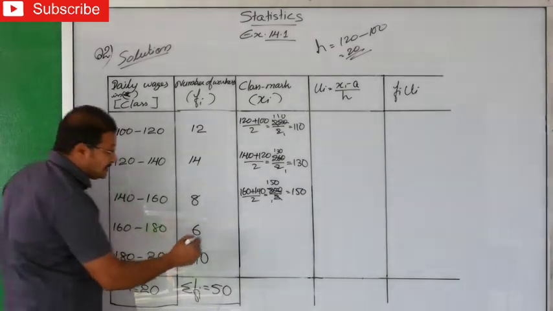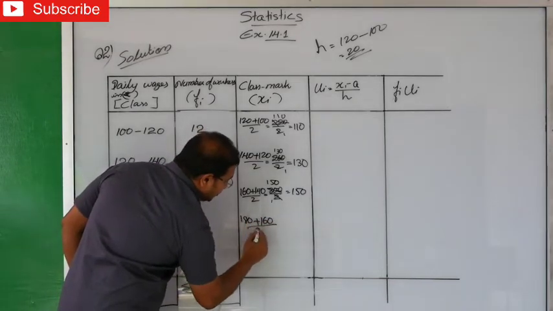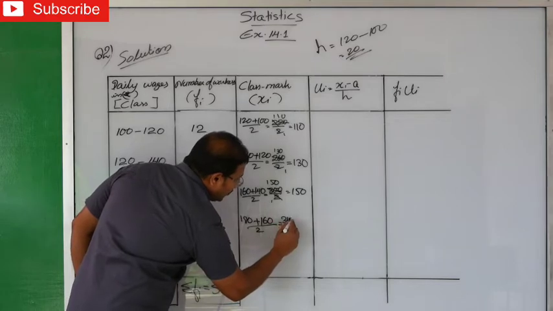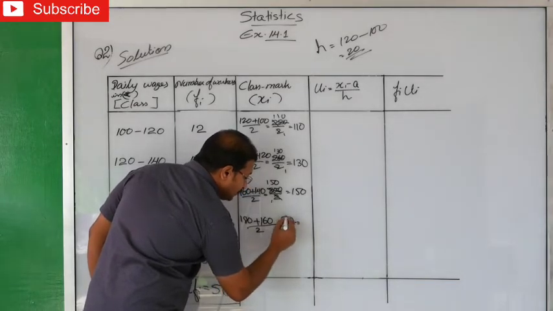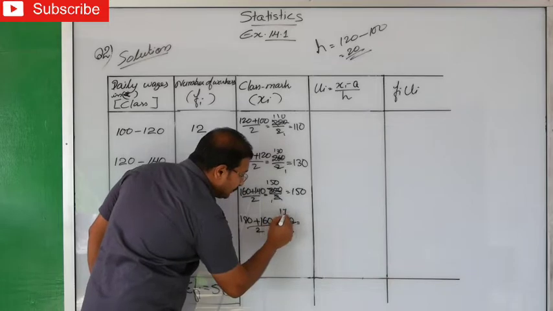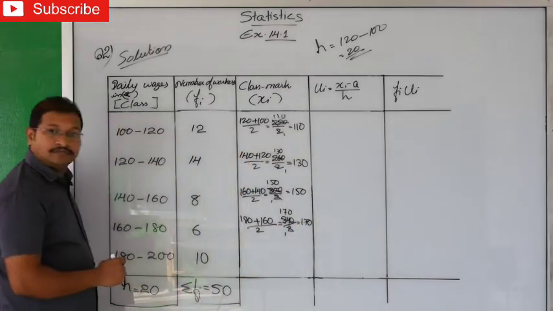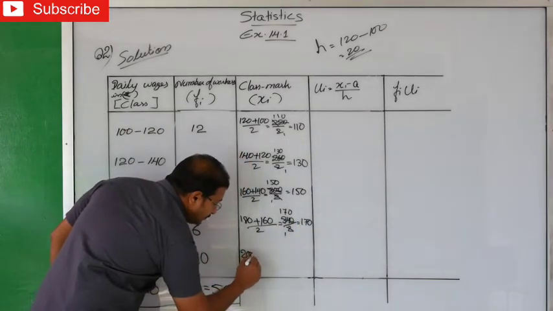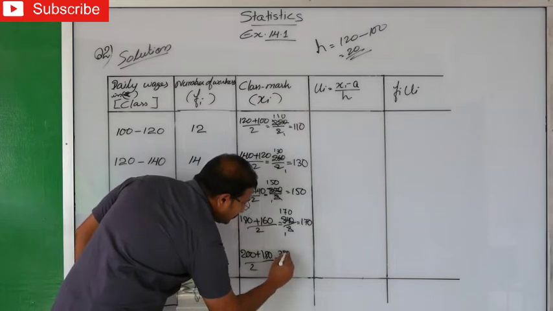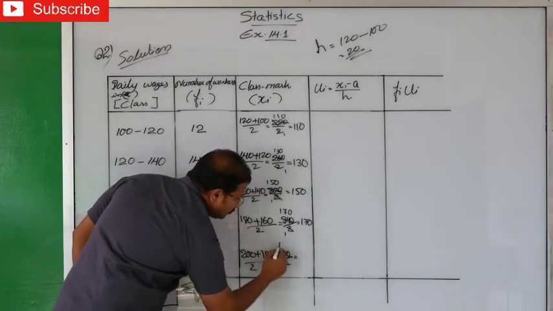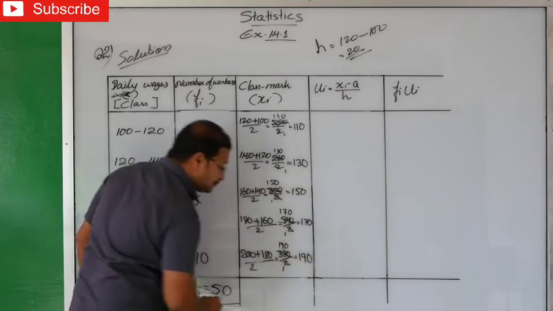Next one, these two will add: 180 plus 160 divided by 2 equals 340 by 2, which is 170. Ready? Next one, what will you do? 200 plus 180 divided by 2 equals 380 divided by 2, which is 190.